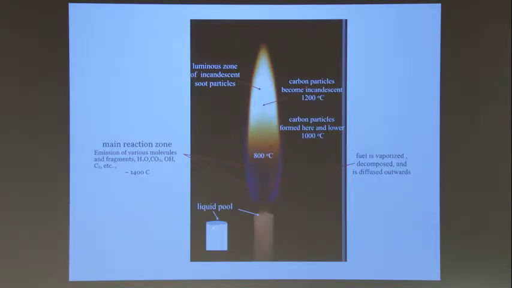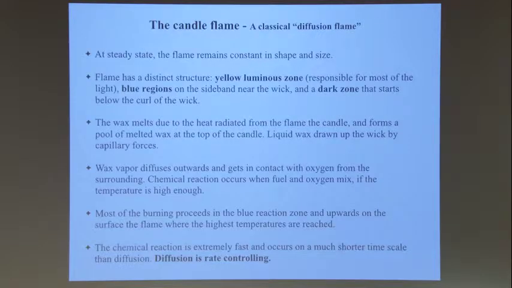I try to draw it here schematically. Usually it's a little cusp, and then the wax is drawn along the wick by capillary forces, and it evaporates due to the heat, and oxygen diffuses in from the ambient. And even that simple situation is not very simple to describe mathematically.